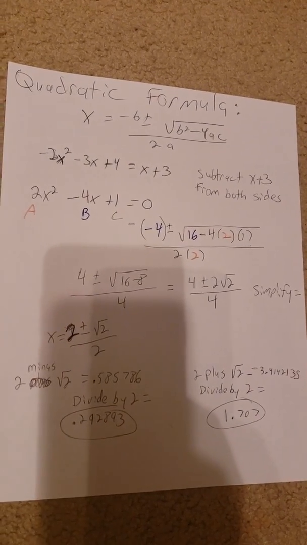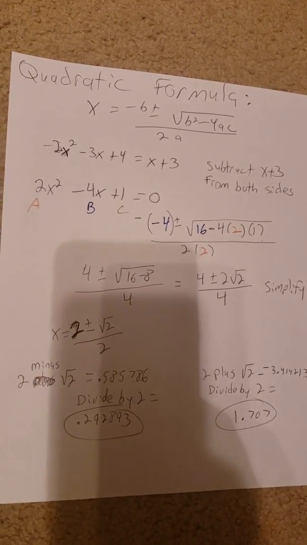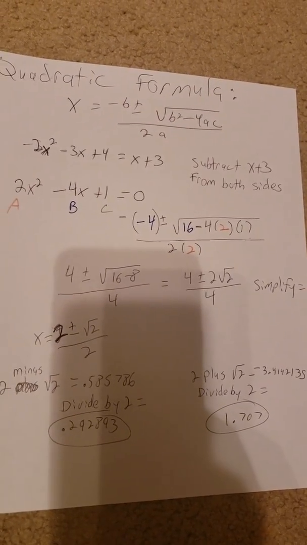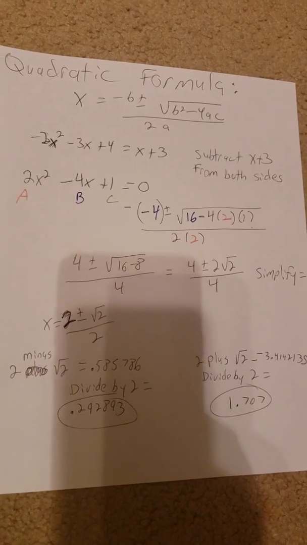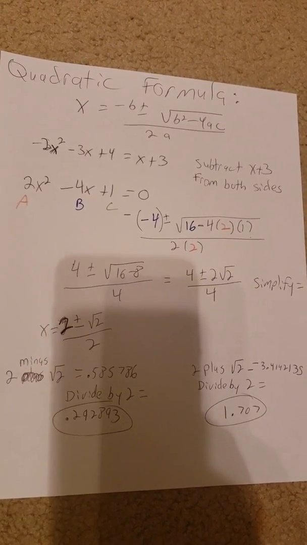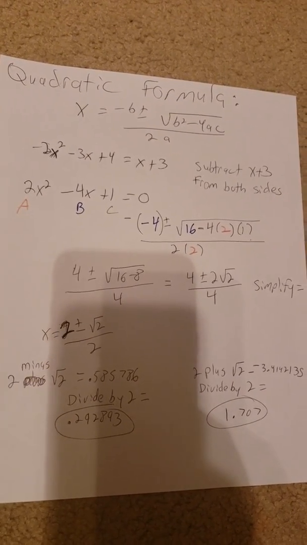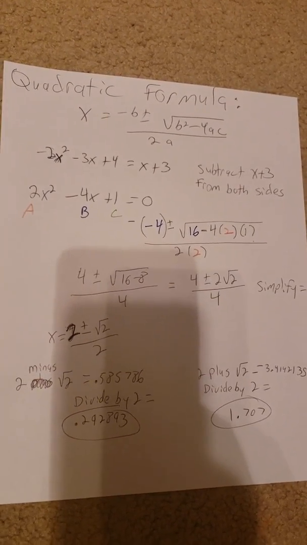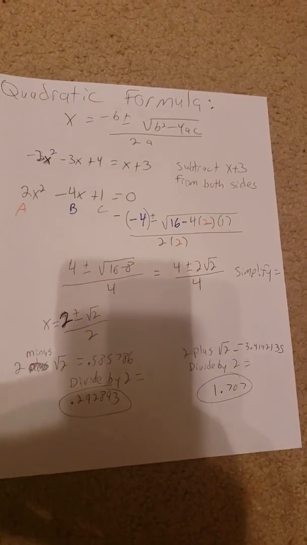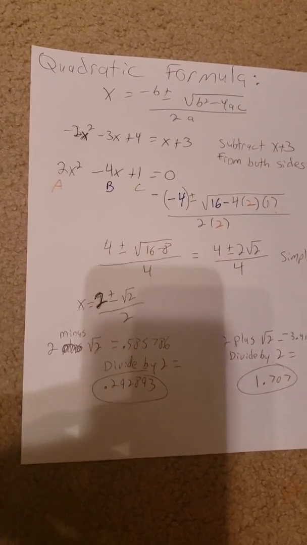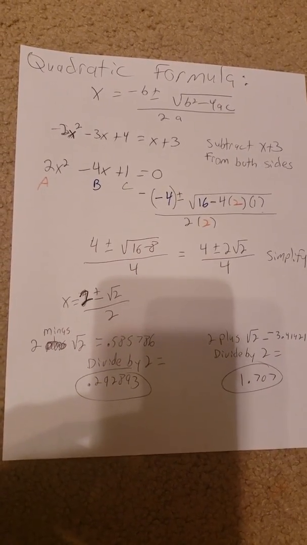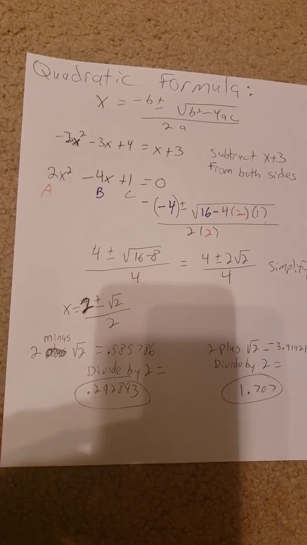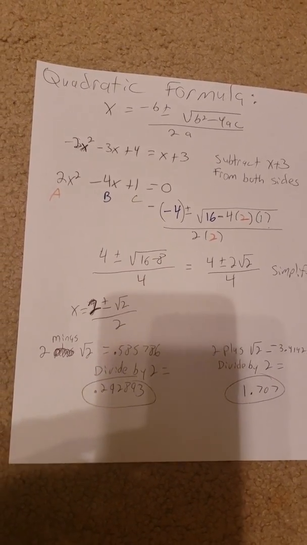For our third problem, we are going to be finding the solution set using the quadratic formula. Let's go ahead and review our formula for a refresher. That is x equals negative b plus or minus the square root of b squared minus 4ac all over 2a.